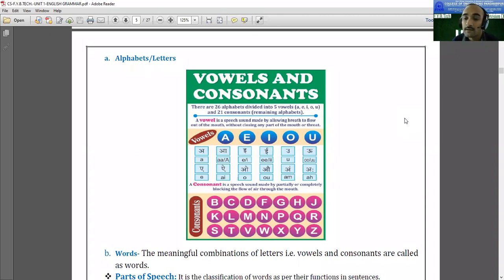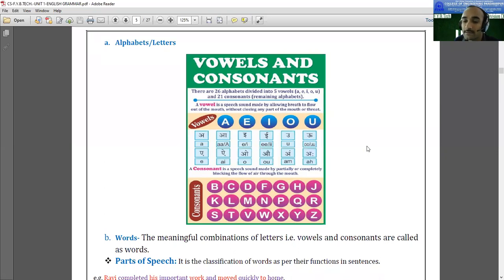There is somewhat of a difference between vowels and vowel sounds. Vowels are only 5 in number, but vowel sounds are 24 in number, and they are a, a, e, u, u, a, I, o, o, aha. These are the vowel sounds, and the remaining are called the consonants.